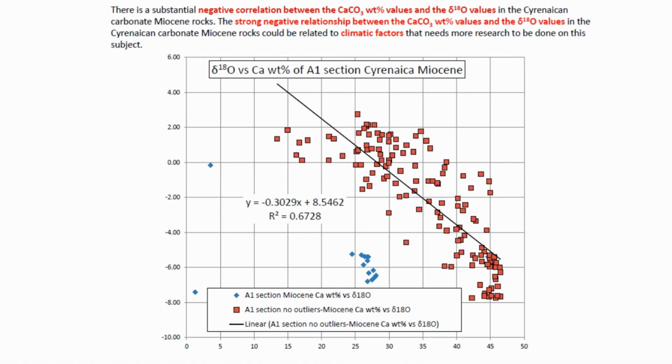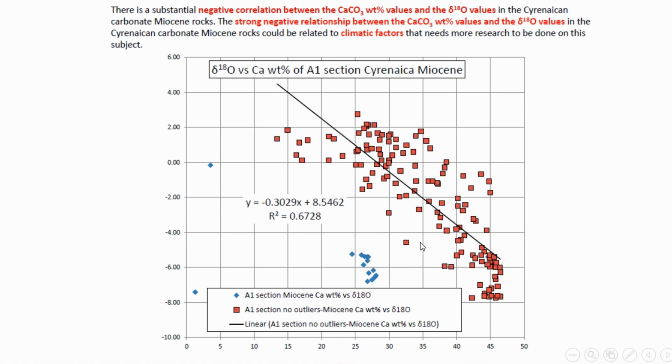This slide shows the relation between the weight percent of calcium carbonate and oxygen isotope values. This is the X axis, and this is the Y axis. The X axis goes from 0 to 150, while the Y axis goes from -10 to 6.